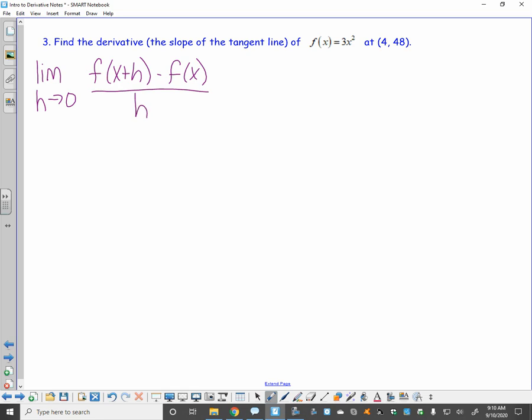It needs to be burned into your brain. Okay, have good notation. Do not lose your limit until you pull the trigger on your limit. Okay, so f of x plus h means take an x plus h and plug it into f of x. So 3 times x plus h squared minus plain old f of x, so 3x squared.